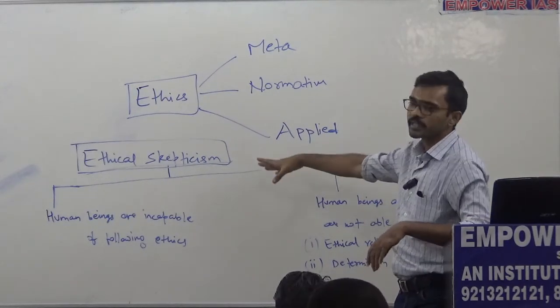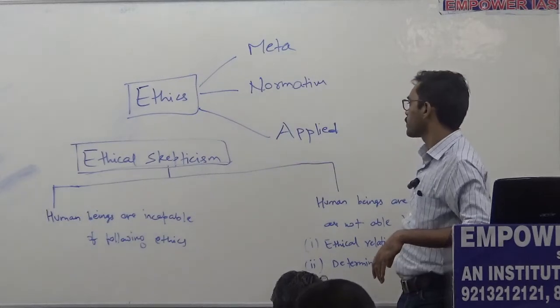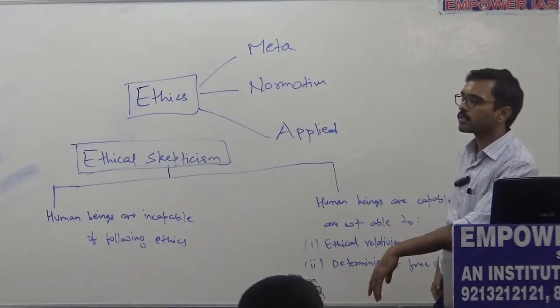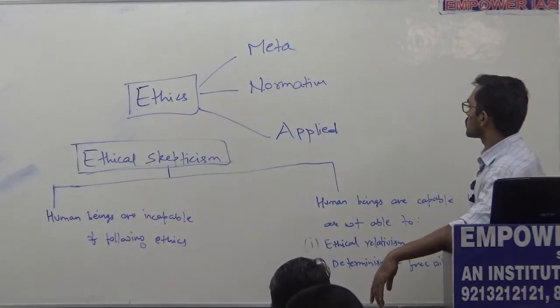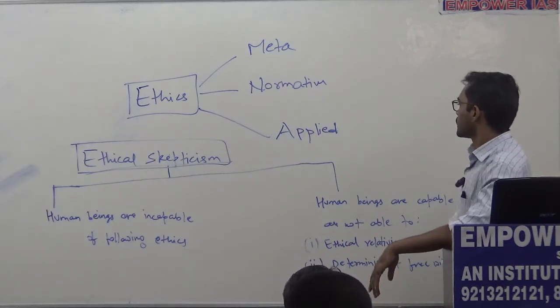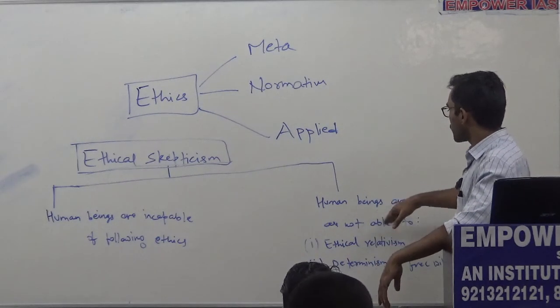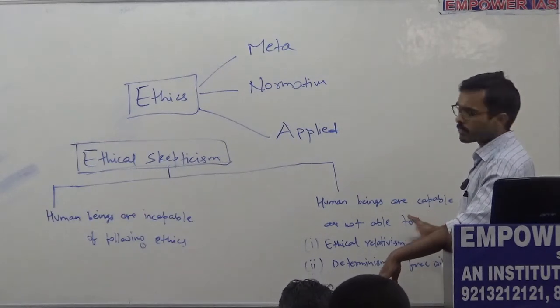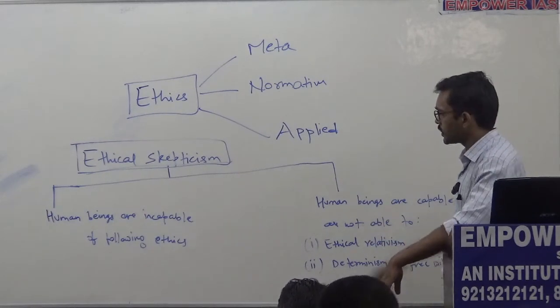The first category of ethical skeptics believe that human beings are incapable of following ethics. They are not capable of following ethics at all. The second category of people believe that although human beings are capable, they are not able to follow ethics because of two reasons. So let us discuss.